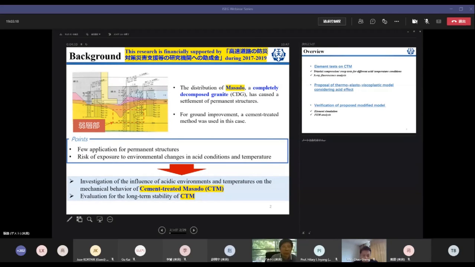So the settlement caused by the construction of foundation and reclaimed ground gave rise to intolerable settlements from 5 centimeters to several 10 centimeters. So all the construction was stopped for 1 year to complete the surveys and try to find out some treatment.